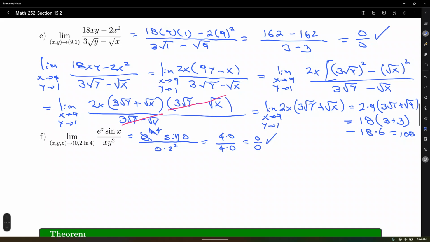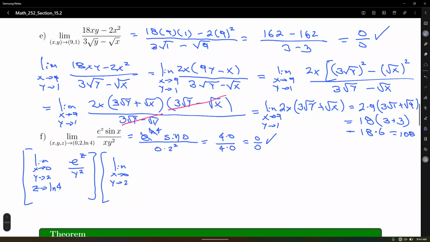I'm going to make this big limit and write it as the product of two limits. That is, limit x approaches 0, y approaches 2, z approaches ln of 4, e to the z over y squared, and I'm going to group it with the limit, again, x approaches 0, y approaches 2, z approaches ln of 4.